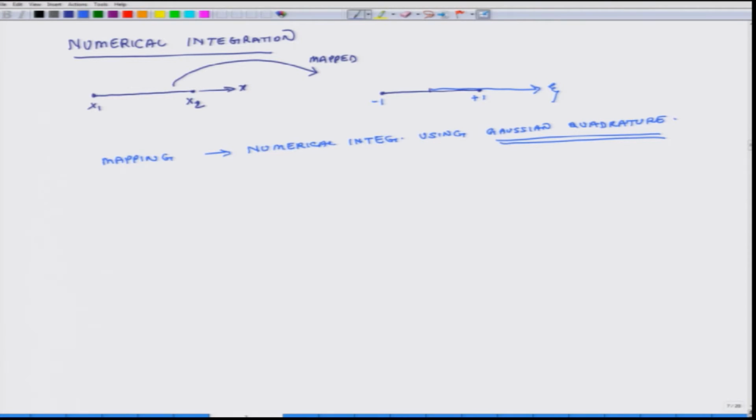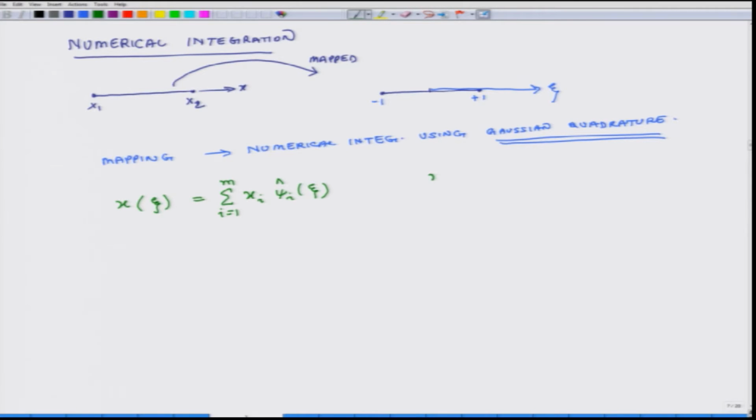Now, when we did this mapping, what did we do? We had written expressions something like this, that in the x domain the coordinate is x. When I am mapping it, it is nothing but a function of zeta, and this is equal to the sum of xi psi I hat, which is a function of zeta, I is equal to 1 to m.